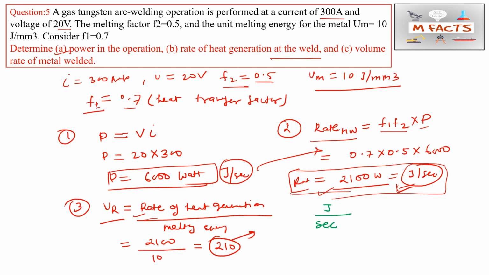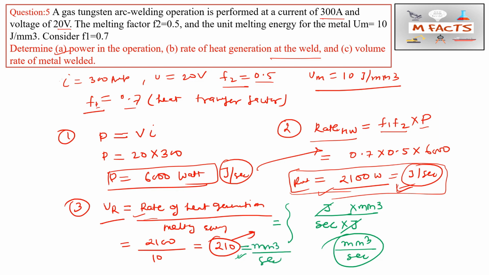The melting energy unit is joule per mm cube, so mm cube will go upside. So we get mm cube per second. So this is 210 mm cube per second. The unit of the volume rate of metal welded is mm cube per second.